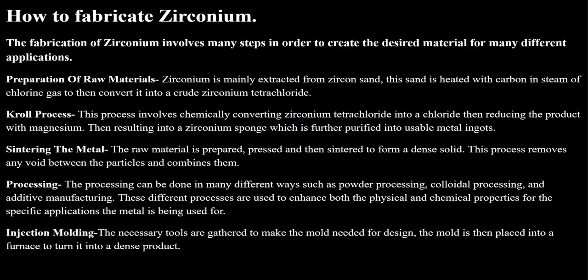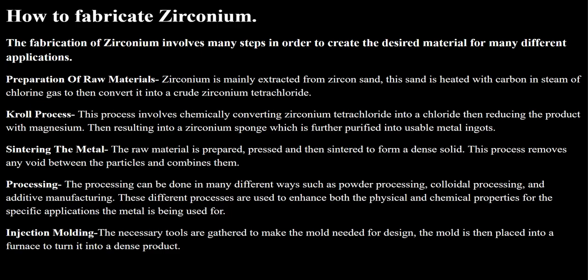How to fabricate zirconium. The fabrication of zirconium involves many steps in order to create the desired material for many different applications. Preparation of raw materials. Zirconium is mainly extracted from zircon sand. This sand is heated with carbon and chlorine gas to convert it into crude zirconium tetrachloride.